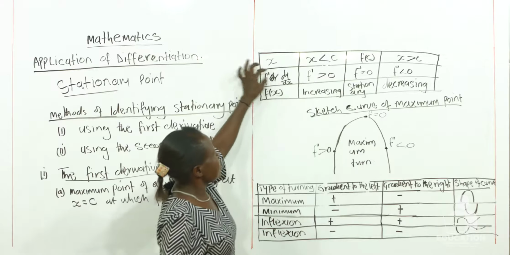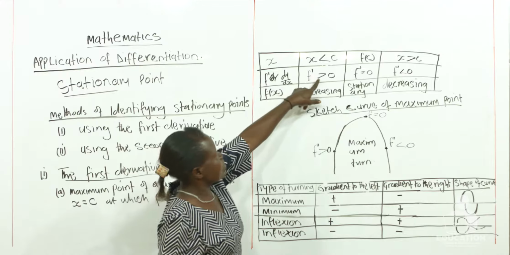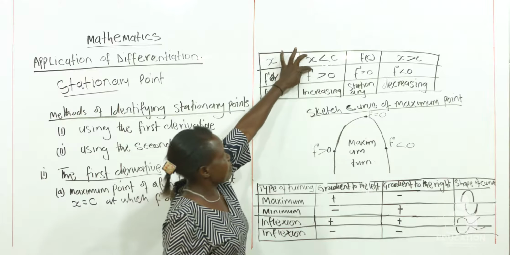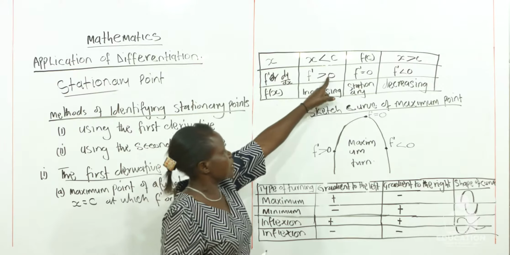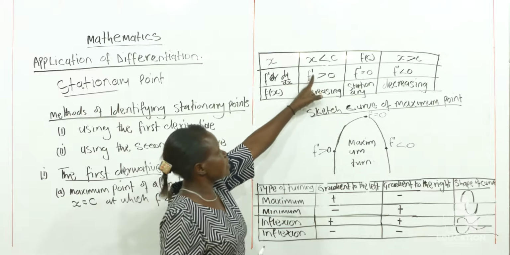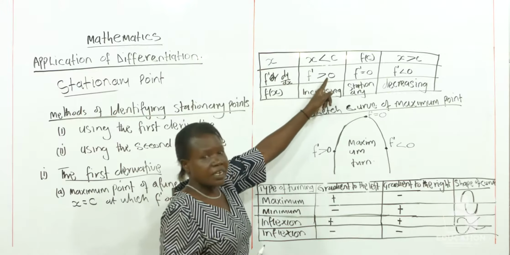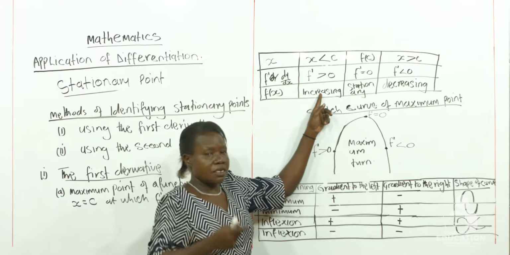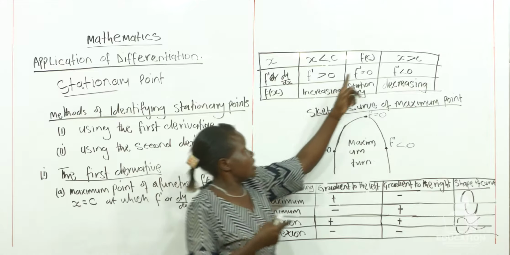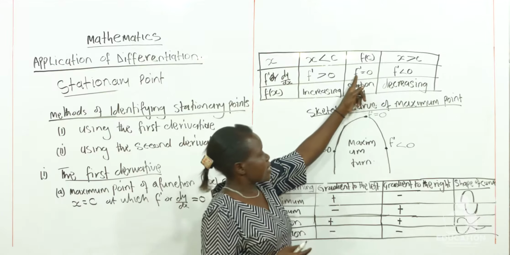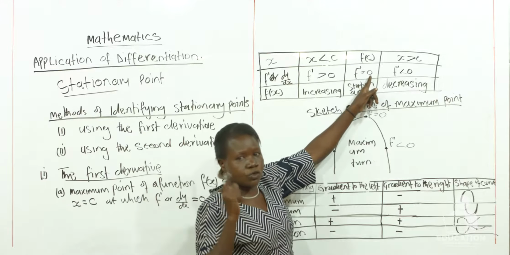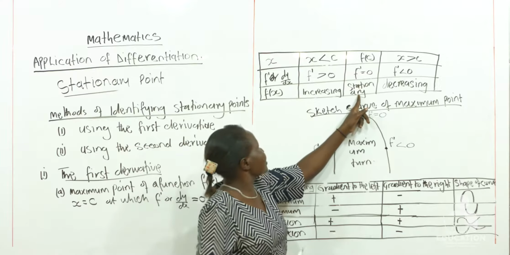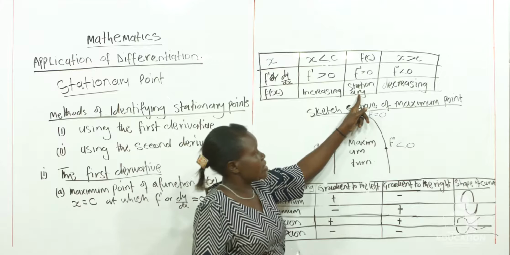So if we differentiate and we find that the gradient f1 is greater than 0, it means the function is increasing. It is going up. If the gradient is equal to 0, the function is at a stationary point.